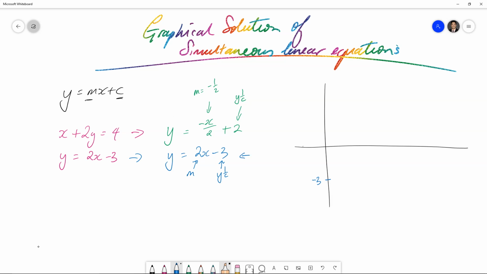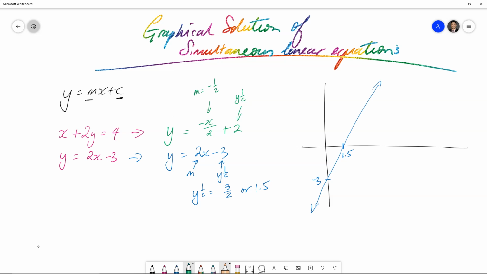if we solve for the x-intercept, you'll have the x-intercept equal to 3 over 2 or 1.5. So 1.5 is over there, and we'll have the graph looking like that.